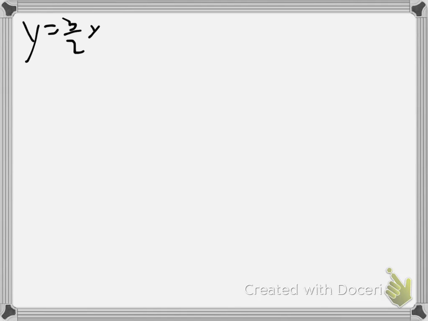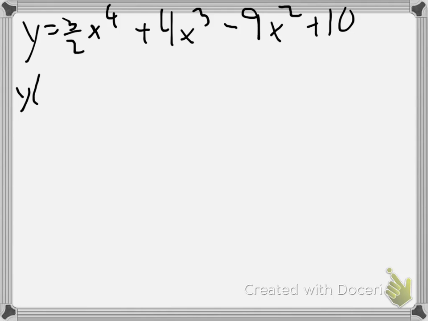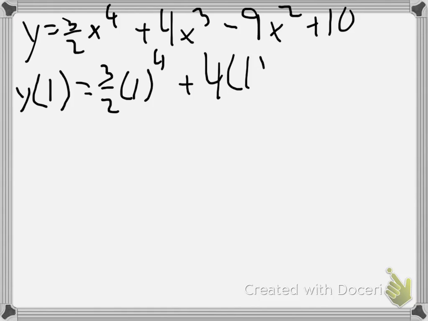So we have y equals 3/2 x to the 4th plus 4x cubed minus 9x squared plus 10. And so we plug in 1, so we get 3/2 times 1 to the 4th plus 4 times 1 to the 3rd minus 9 times 1 squared plus 10.